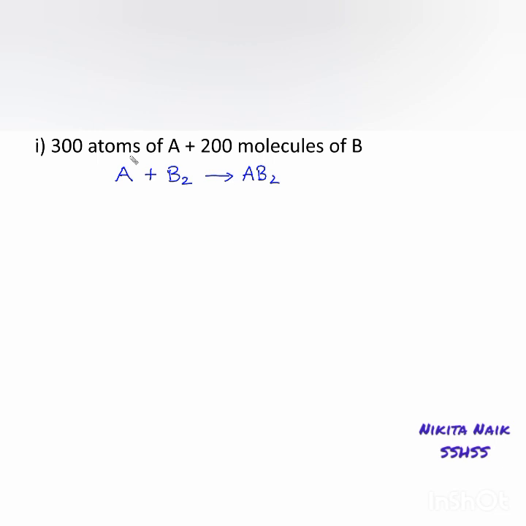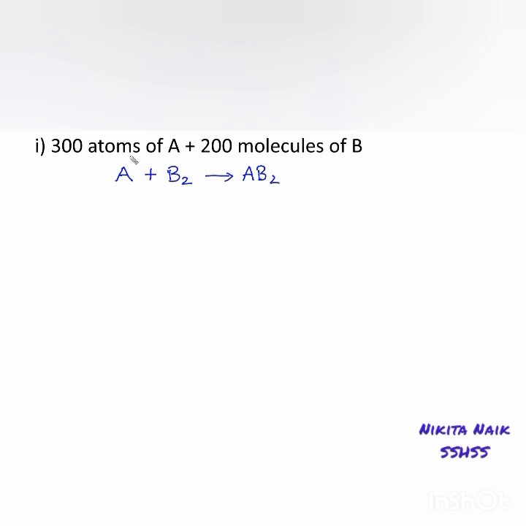So what I'm doing is, I'm keeping one substance fixed and will find out the required amount of the next substance. And that required quantity I will have to compare with the given quantity.